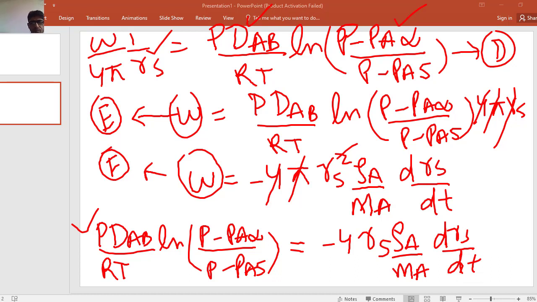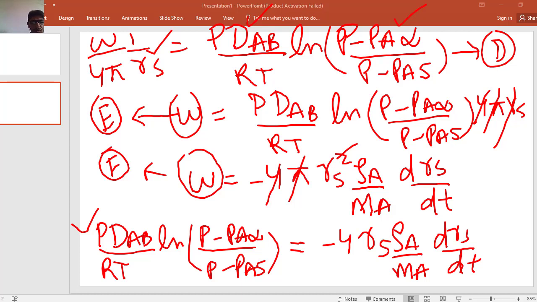Now this is the final equation, and this equation shows us that the radius changes with the passage of time, and it also shows us how much time it will take to completely evaporate the water droplet.